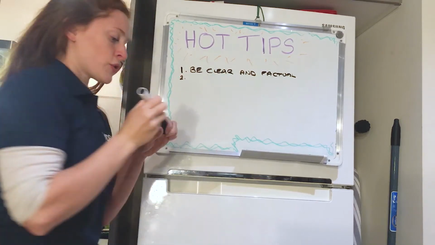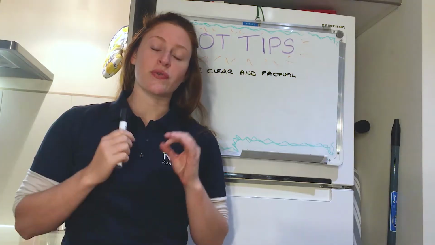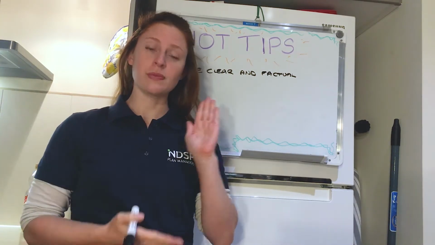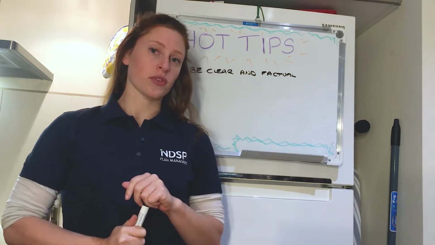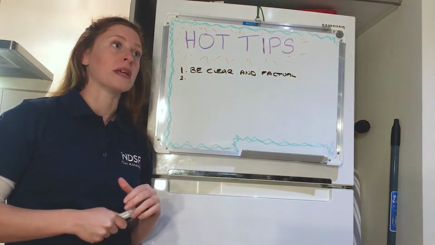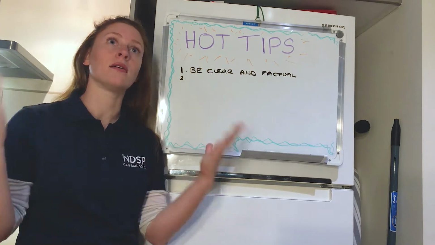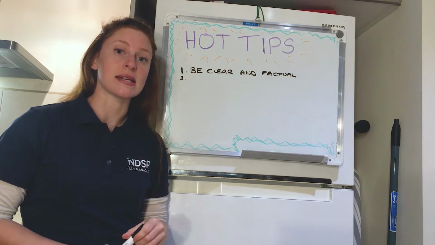Number 2, so the NDIS will want to see some sort of functional capacity assessment. This is in addition to the access request form. You may be familiar with some of them already. So it could be the HUDAS, it could be the life skills profile, it could be a sensory profile through an OT.